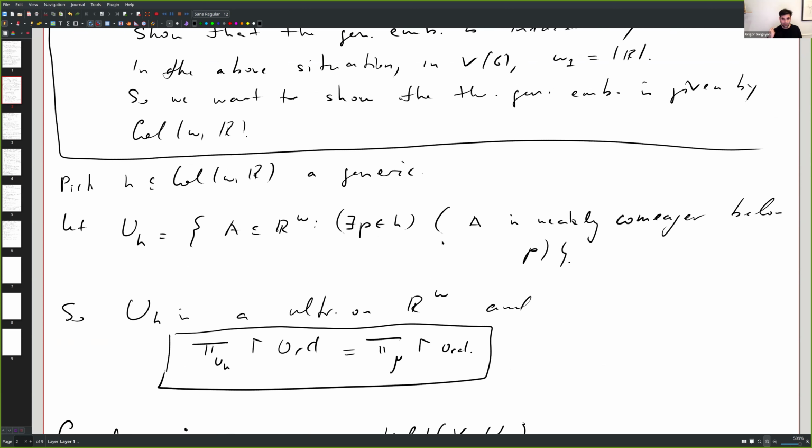That means for a club of sigma, comega many enumerations are in A, right?